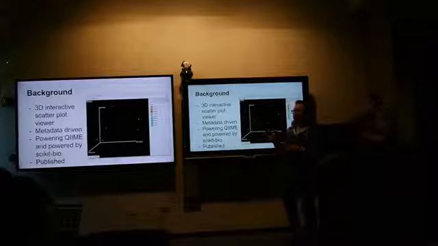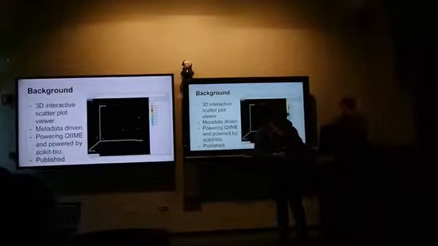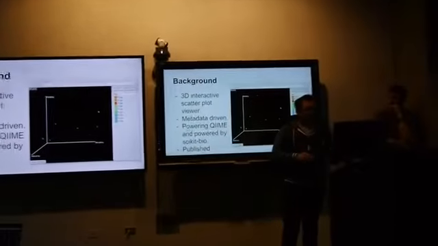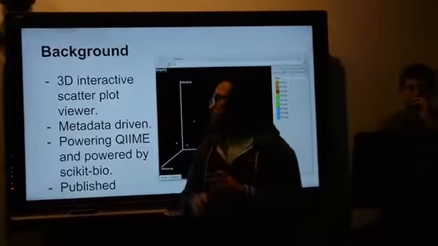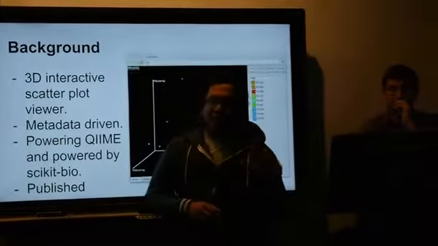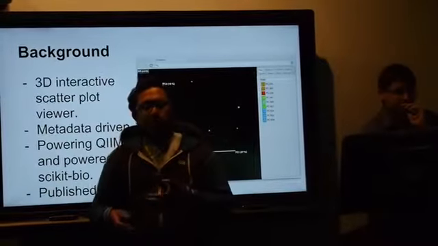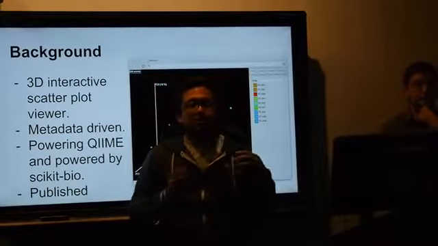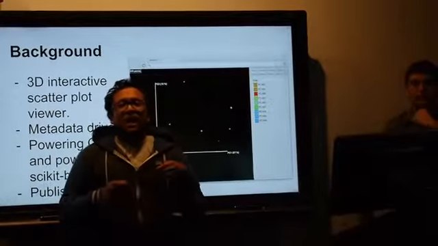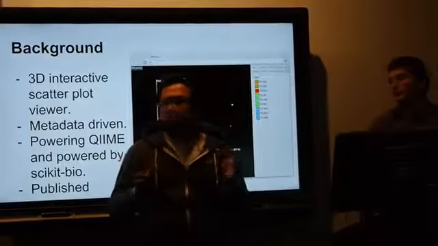Emperor is an already rather mature project, and in its most basic sense, it's just a three-dimensional scatter plot viewer. One of the places where we use this a lot is in microbiome data analysis, as our main exploratory tool.